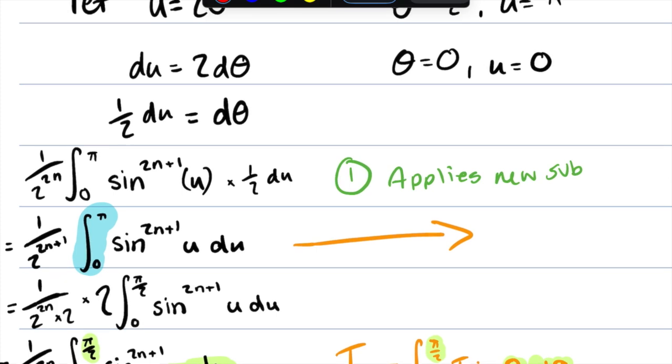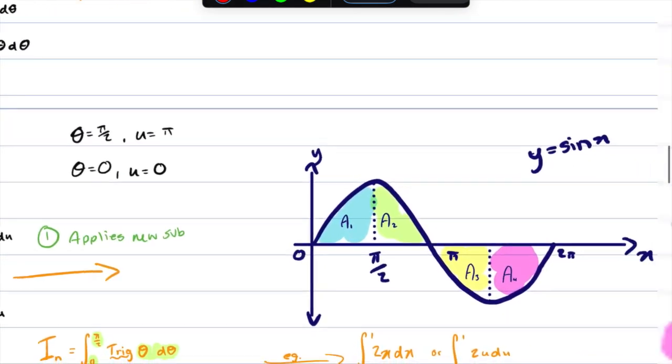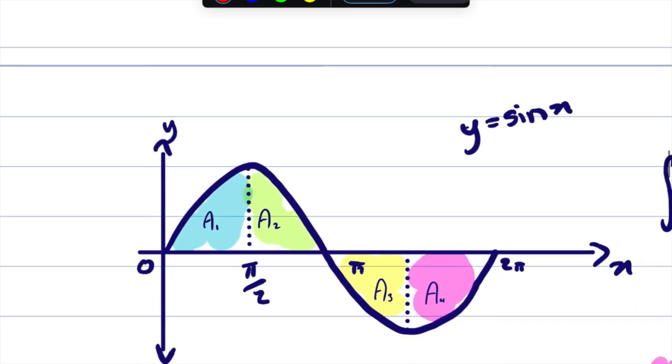From this, we can recognize what our sine wave will look like and the area under that sine wave. Between 0 and pi, we know that the area is going to be equal to 2 times the area between 0 and pi on 2. We know this because it is symmetrical around pi on 2.